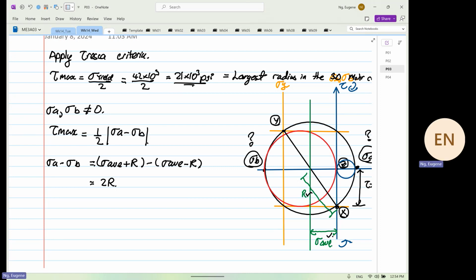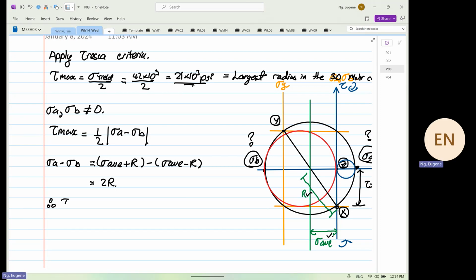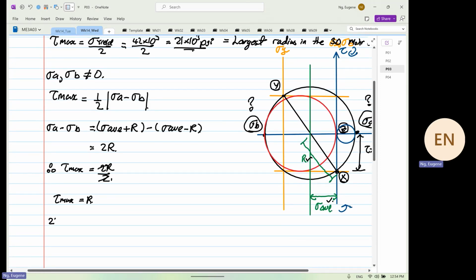Sorry, I forgot something. So therefore, tau max is equal to 2R over 2, right? So when you cancel, tau max is equal to R. And we know that tau max is equal to 21 times 10 to the power 3.